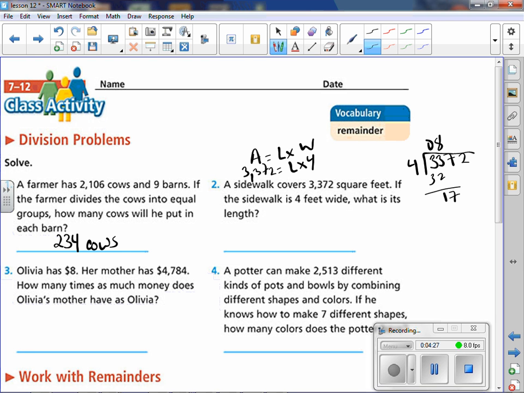Well, 17 divided by 4 is 4, because 4 times 4 is 16. So that's as close as we're going to get. Okay? And then bring that 1 down, bring my 2 down. 4 goes into 12 3 times. So all in all, the length of it is 843 feet. Okay? Let's go on to the next one.